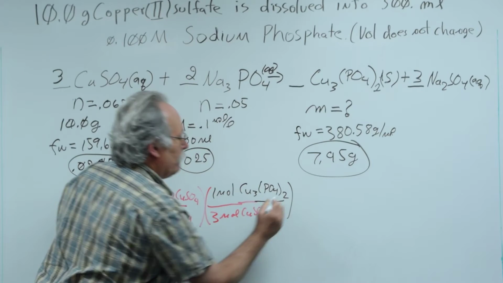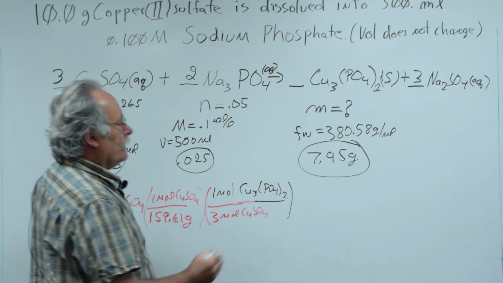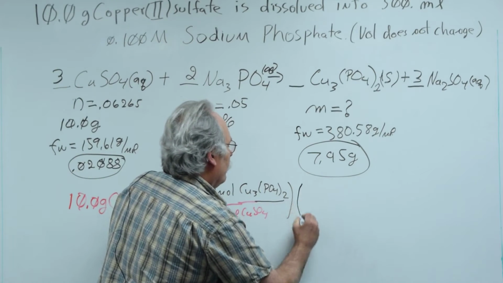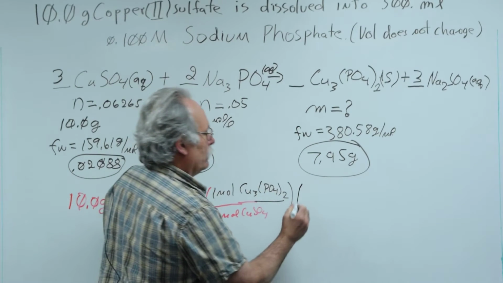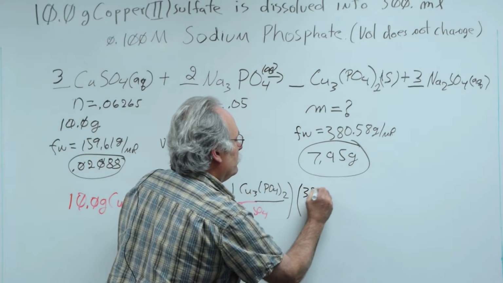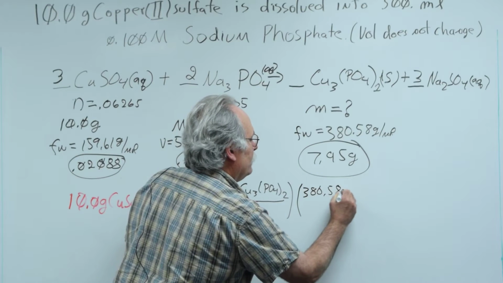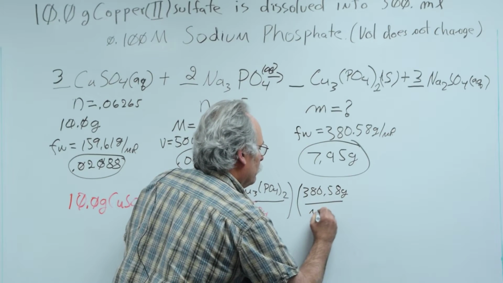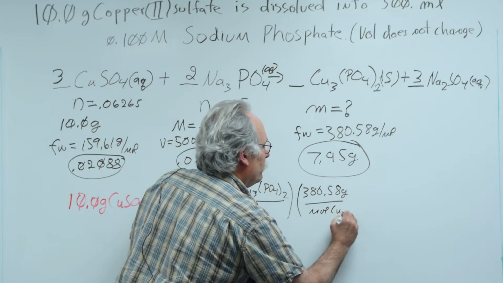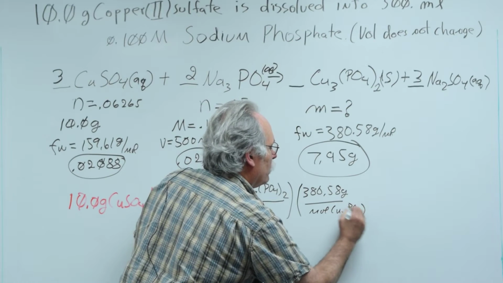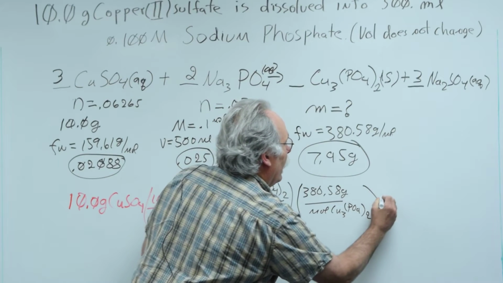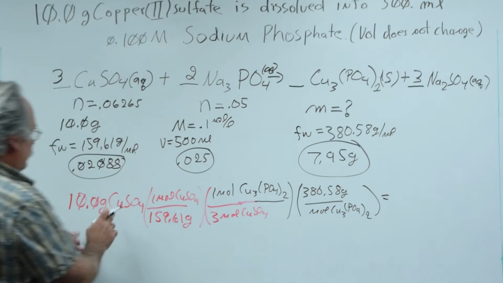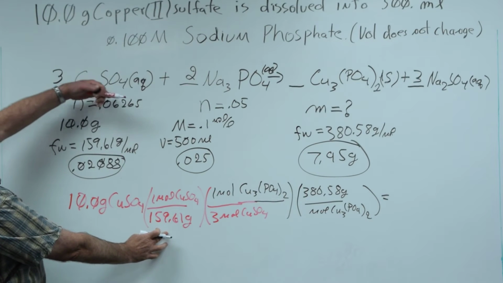This is my stoichiometric conversion step. And now, for every mole of Cu3(PO4)2, it weighs 380.58 grams per mole of Cu3(PO4)2.